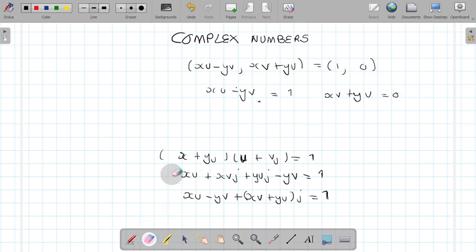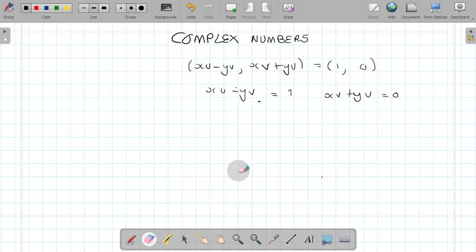Now we are going to solve a system of two equations, and in this case the unknowns are u and v, because we want to find the expression of z inverse. Therefore our unknowns are u and v. So we have to solve this system of equations. So if I want to eliminate the first part, this is xu, sorry, it's not xv.